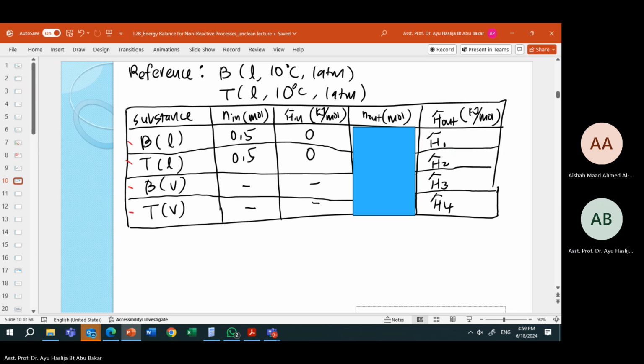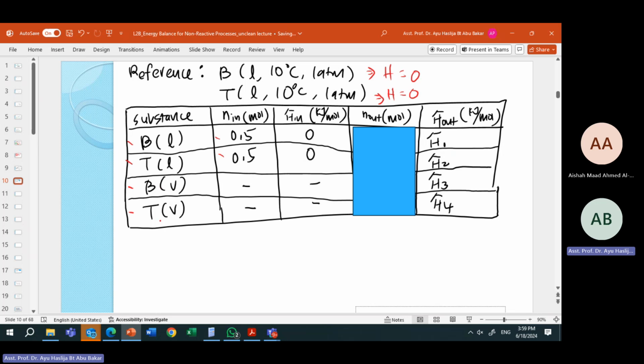From the enthalpy table, you can see the inlet involves only the benzene and toluene in liquid, because this is the only feed that you have. Then H equals to 0 because this is used as reference. That's why H is equals to 0.